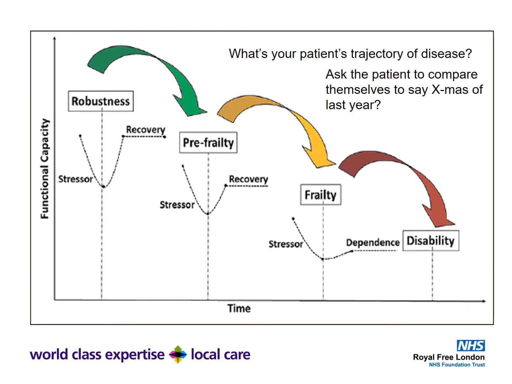Then you potentially have a decline to pre-frailty. So it might be that you have early signs of malignancy, and you've lost some weight, for example, you're malnourished, and then you may go into frailty where, let's say, you have chemotherapy. So obviously you're quite frail in that sense.